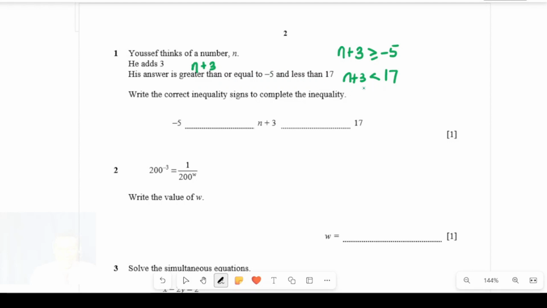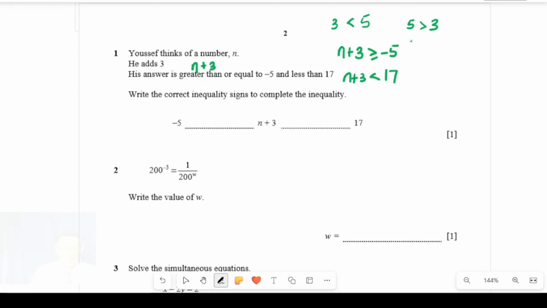So these are the options. So we can put it. In this case, if n plus 3 is greater than negative 3, for example, what will you say about 3 and 5? You will say 3 is less than 5, and then 5 is greater than 3.